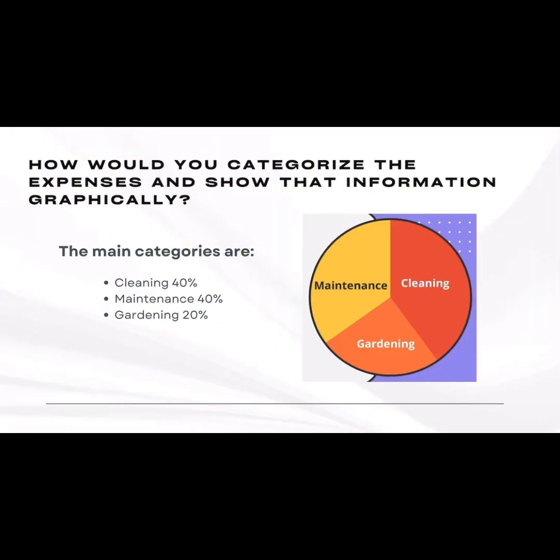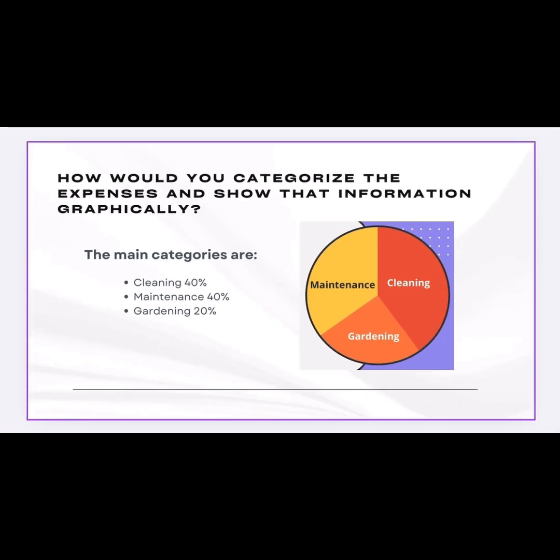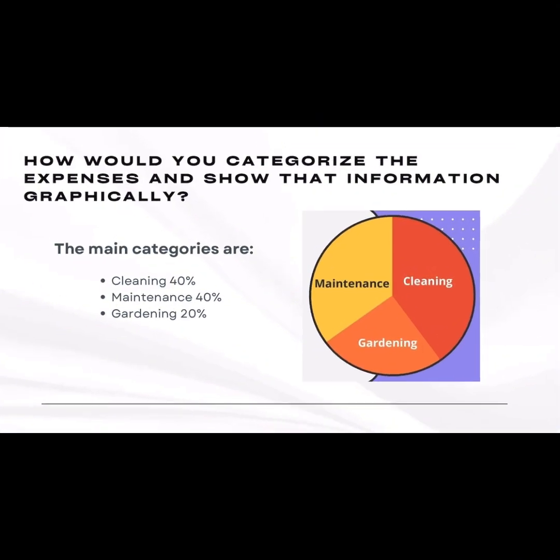These slides represent the main categories that we saw before: cleaning, maintenance, and gardens. The pie chart, this one, can help us visualize the proportion of each category in relation to the total expenses.